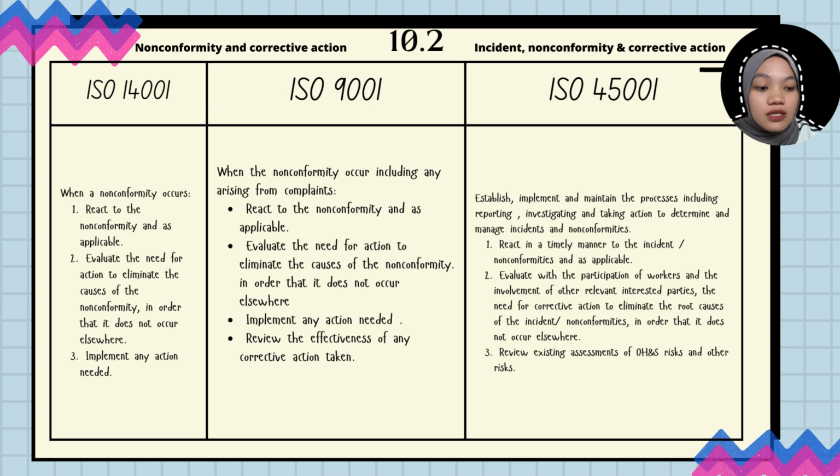Evaluate, with the participation of workers and the involvement of other relevant interested parties, the need for corrective action to eliminate the root causes of the incident or non-conformity in order that it does not occur elsewhere. 3. Review existing assessments of OHS risks and other risks.